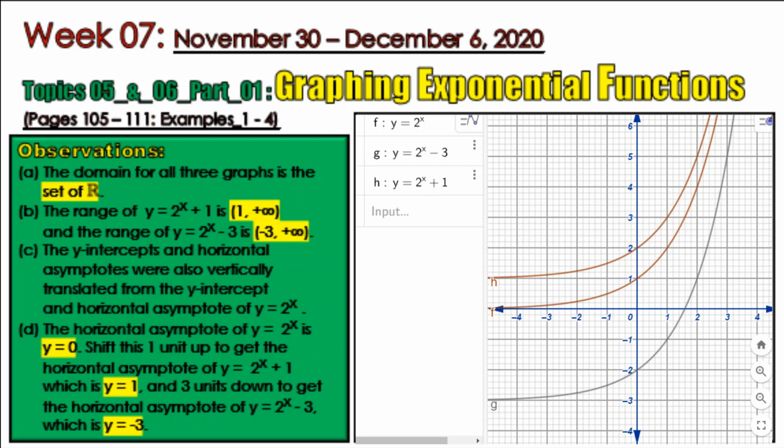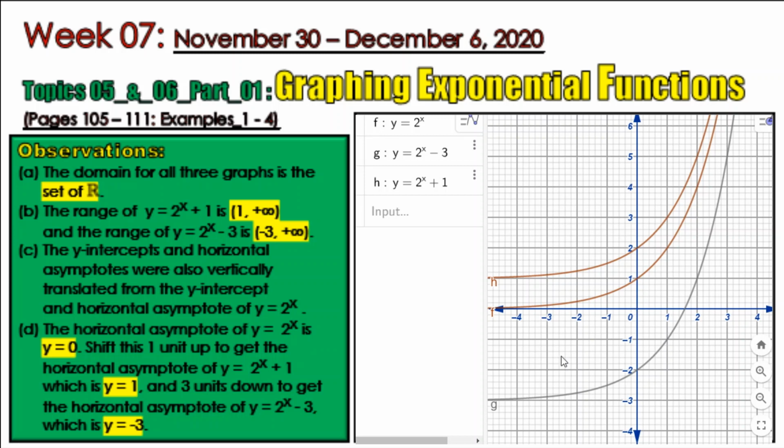Second, the range of y is equal to 2 raised to x plus 1 is a set of y such that y is equal or greater than 1, and the range of y is equal to 2 raised to x minus 3 is a set of y such that y is greater than negative 3.